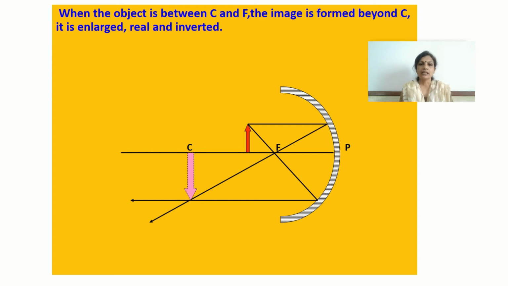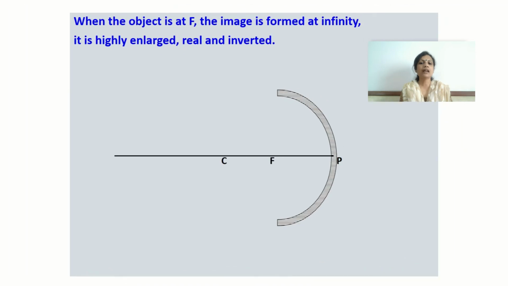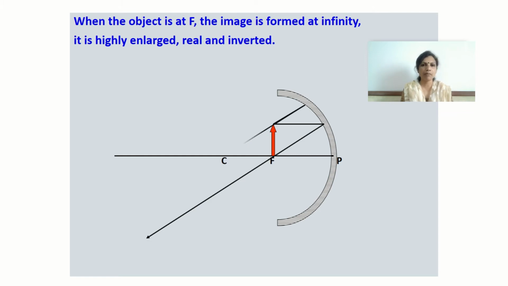Alright. Next, when the object is placed at focus F, then our first rule, ray of light parallel to principal axis, after reflection, passes through focus F. Second rule, I cannot make use of the ray which is passing through focus F because the object is at F. So I'll make use of this rule that when the ray of light passes through center of curvature, it retraces the same path.